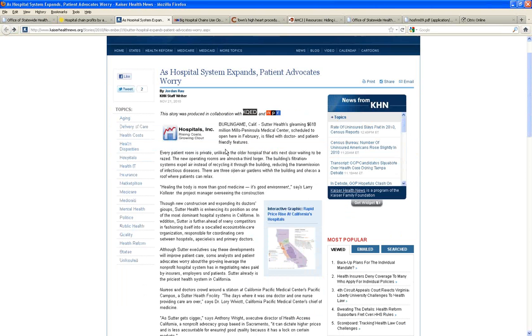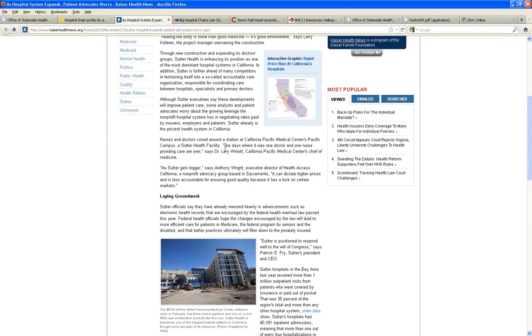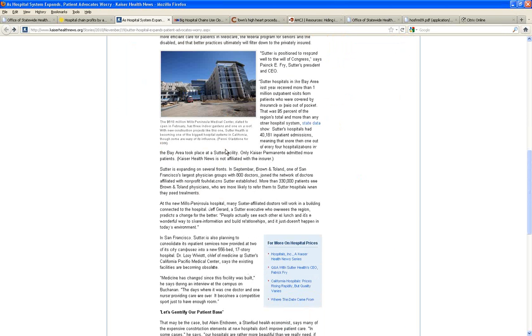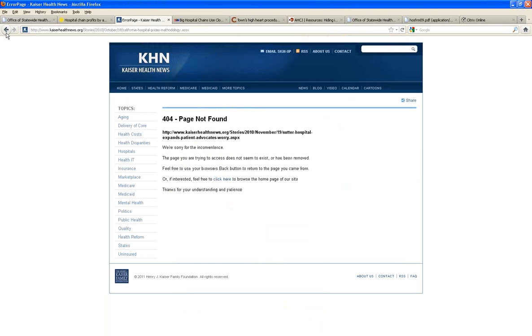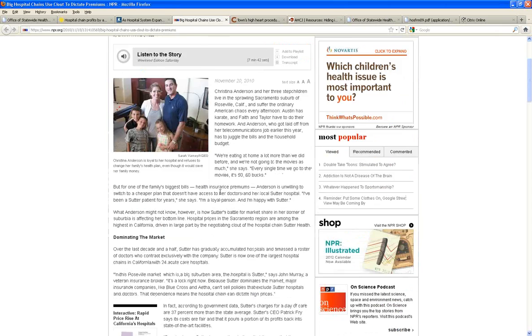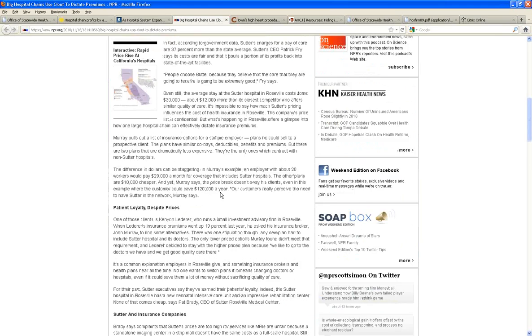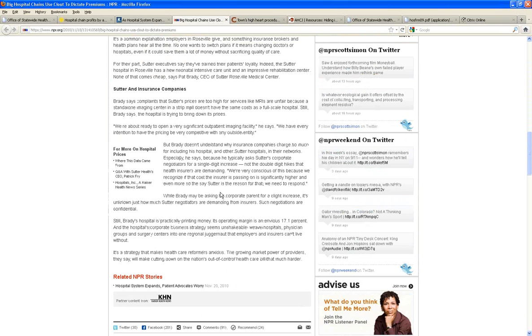But if you read through the article, it talks about how the hospitals in Northern California are significantly more expensive than the hospitals in Southern California. And the data, if you click on, whoops, that's not working either. If you read the stories, the data is coming from the AHCJ data primarily, and that's helped them to put this information in the proper context. So those, again, links are on the site.